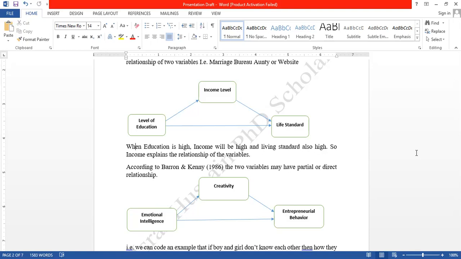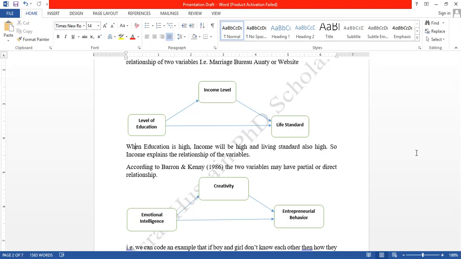According to Baron and Kenny, who presented this concept in 1986, before that, all variables were considered as dependent and independent variables. Baron and Kenny, 1986, said that two variables may partially or directly have some kind of relationship.